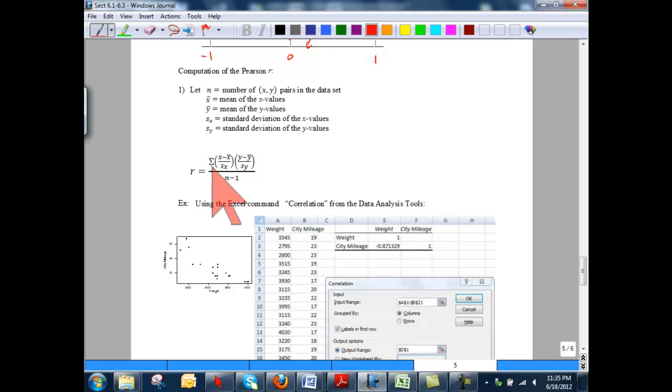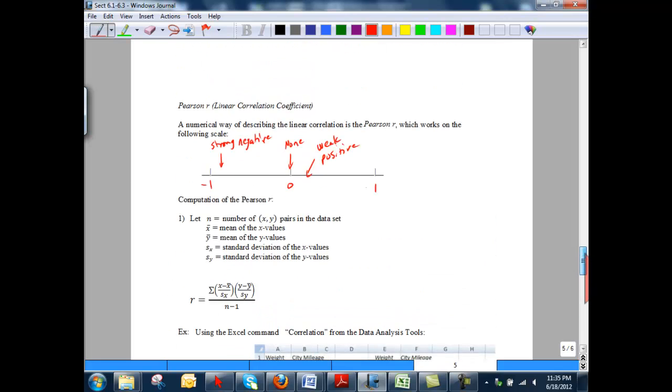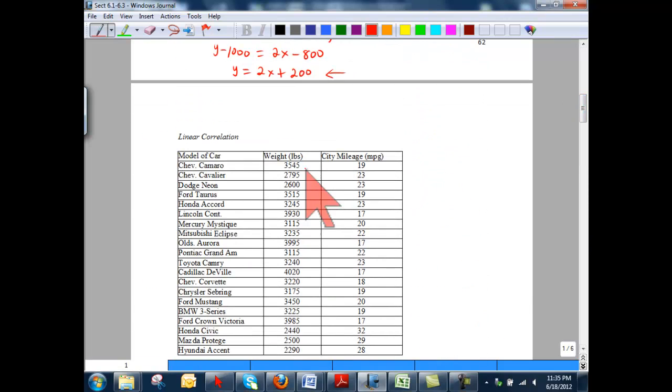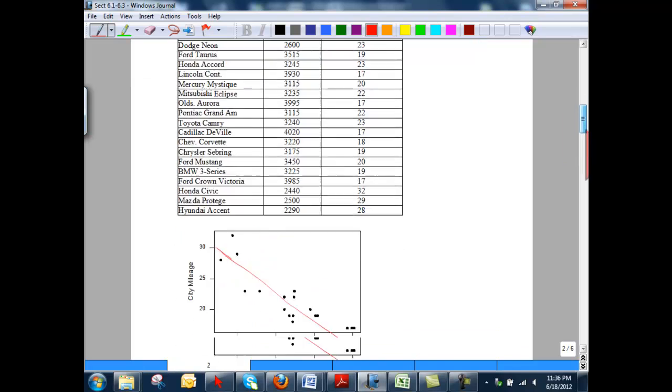So for each of the data points, like in this list with the car weights and mileages, it would be to take an x value, subtract off the mean of these numbers and divide by their standard deviation. Do the same thing for the y's, and then I multiply the two transformed quantities that I just described and keep adding together as I go down through the data values.